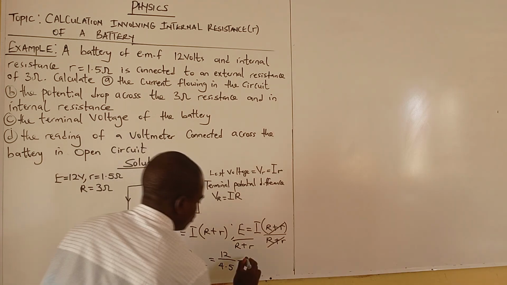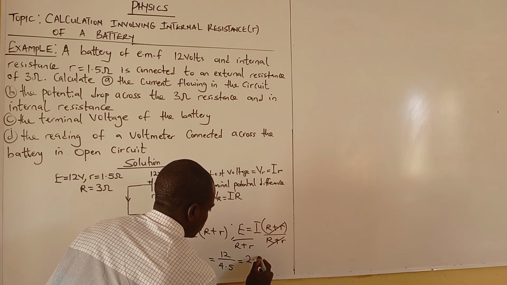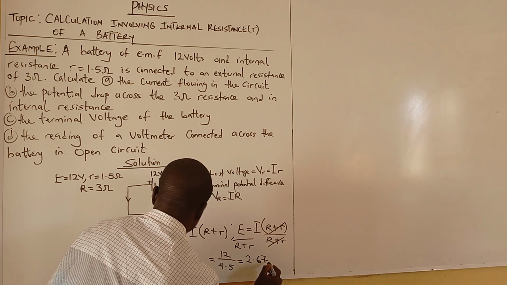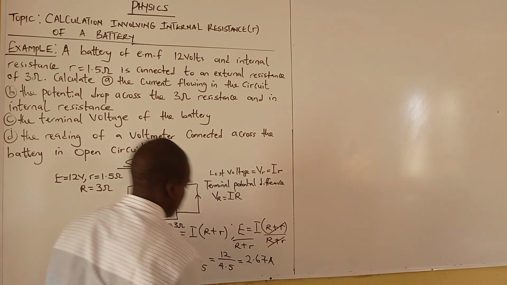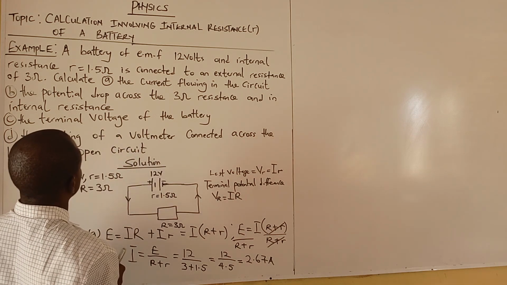When you divide it, you have 2.67 amperes. That's the current flowing in the circuit.